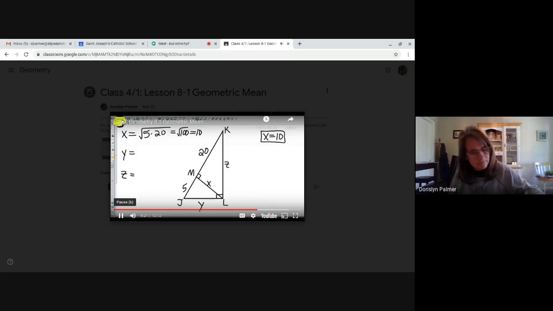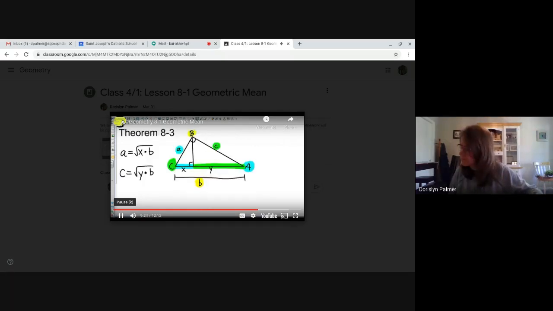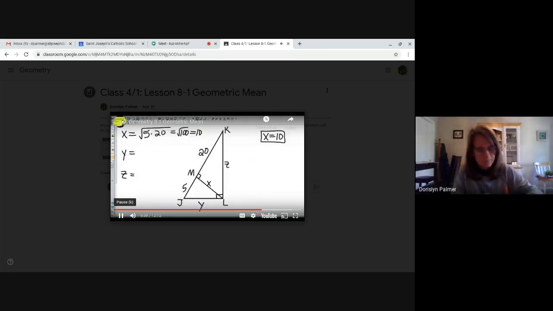Okay, because y is a leg, then we're going to use Theorem 8-3. Notice how I would compare y to side A in this case. And A was the geometric mean between the adjacent side and the entire side. So let's go back and look at what we have.